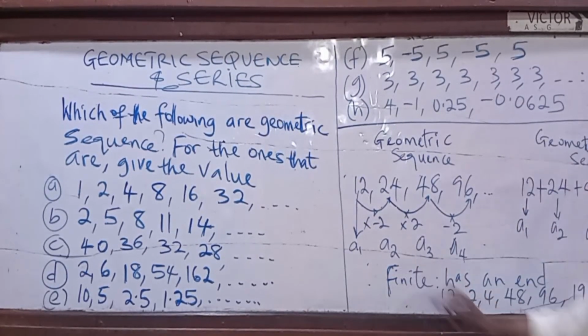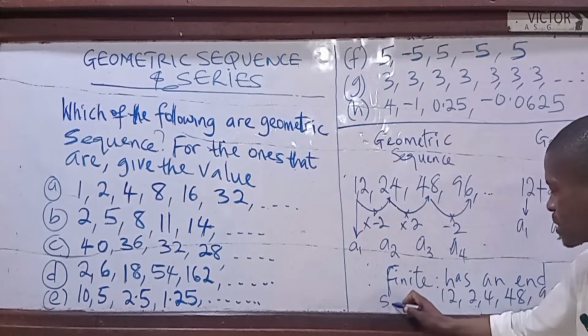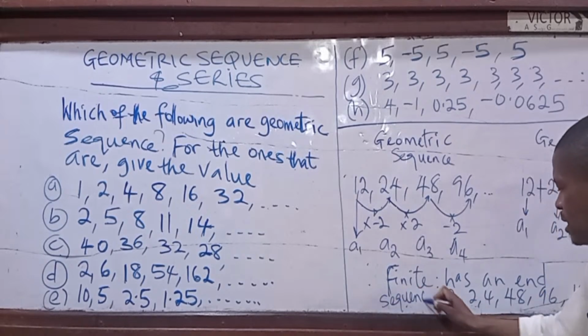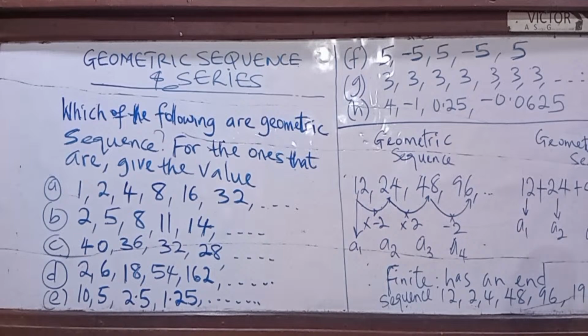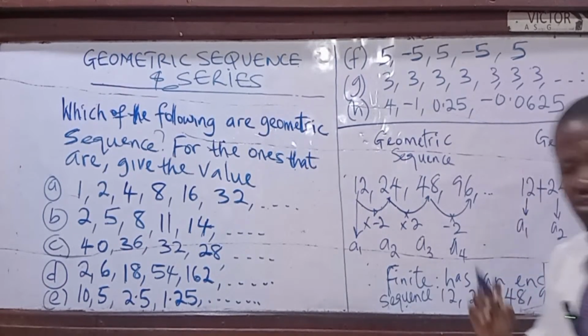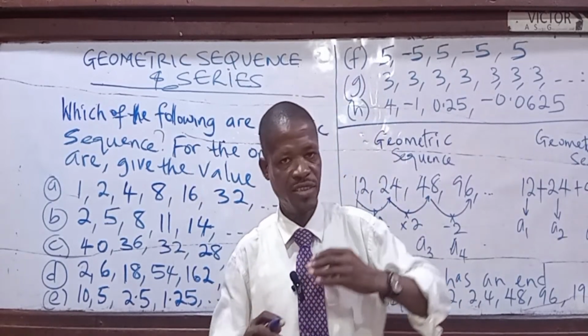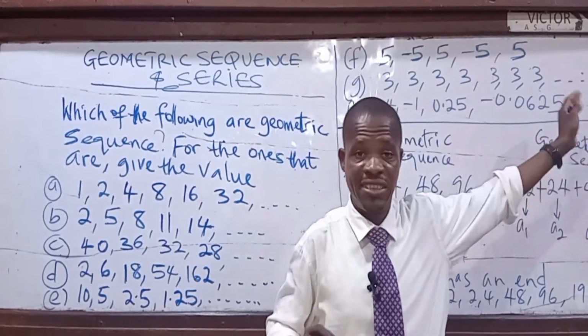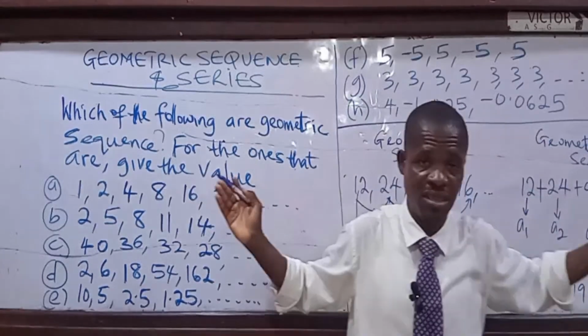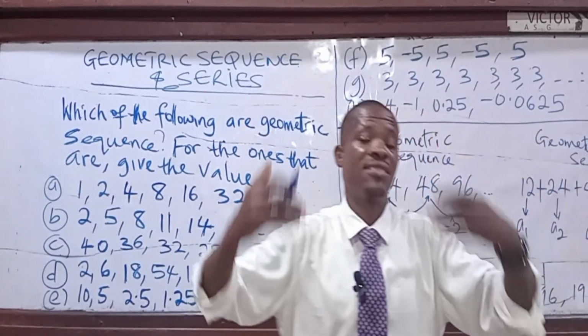An infinite sequence does not have an end. The sequence continues to infinity. We don't know the end of that sequence. That is the meaning of an infinite sequence.